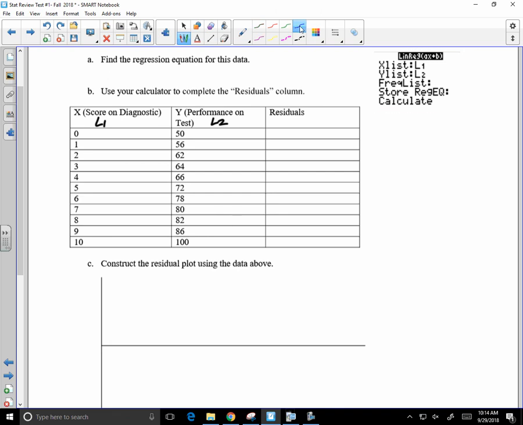So we're leaving this blank because no predictions. They're not asking us to find y when x is something or x when y is something. All right. So calculate.